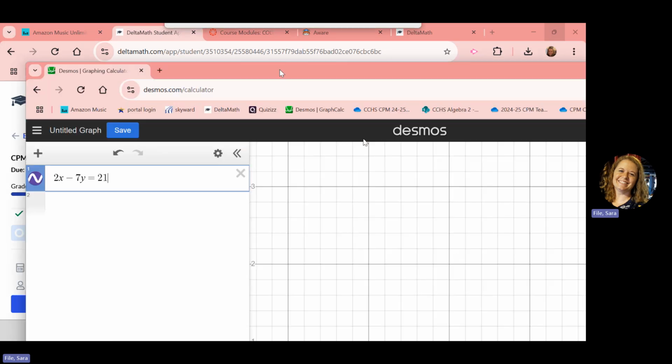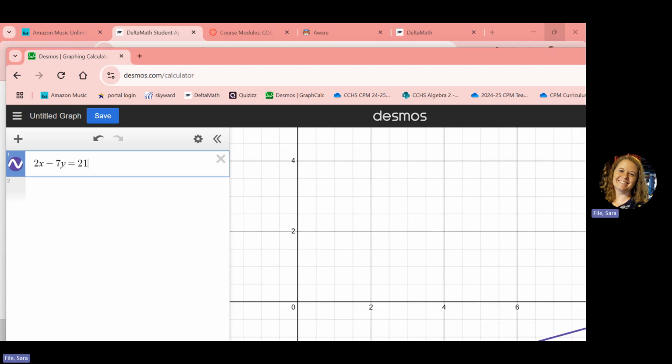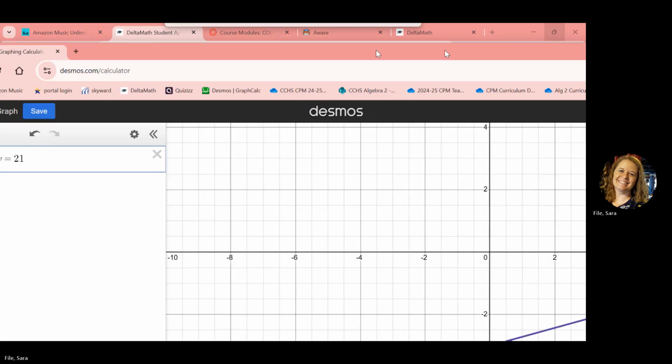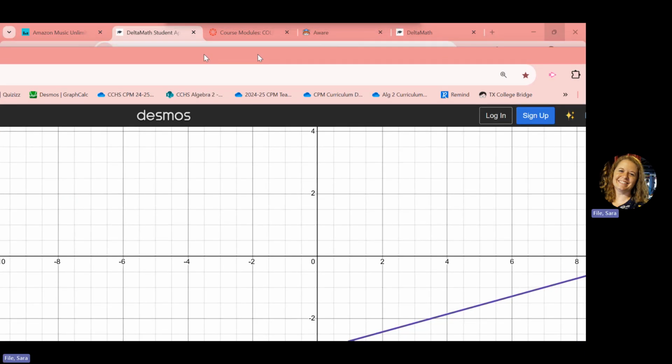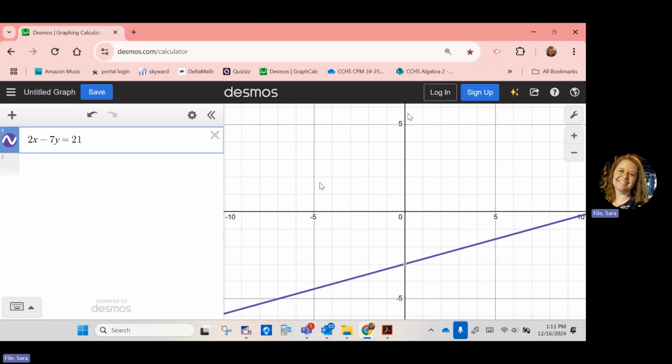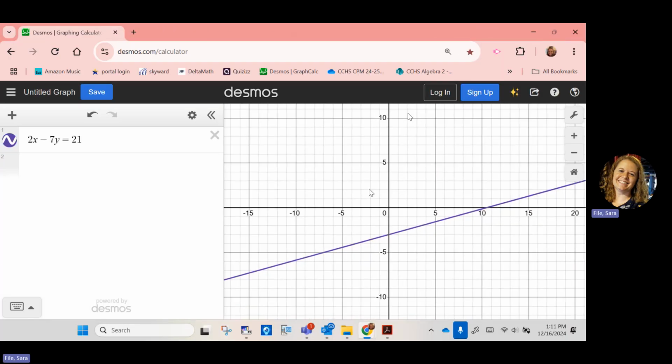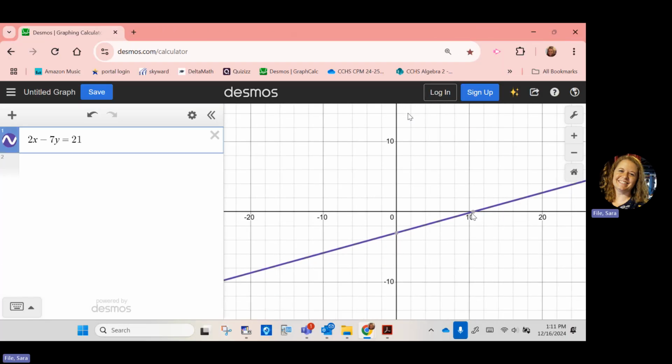All right, so this is 2X minus 7Y equals 21. So it's going to graph it for me. I don't know why this graph is taking up so much space. Here we go. So there's the line. It should be going through the x-axis at 10.5 and the y-axis at -3.